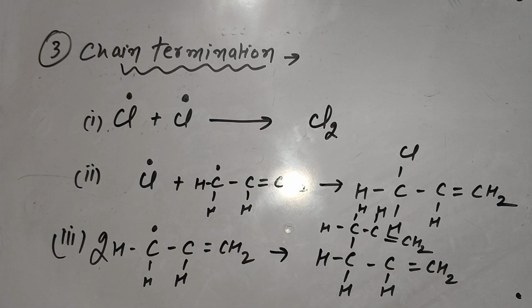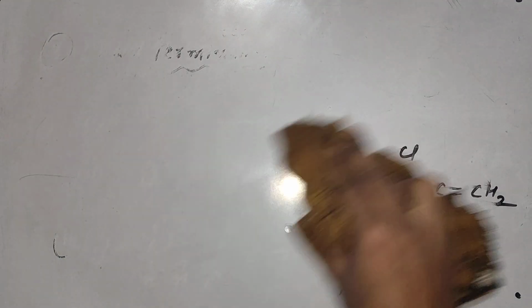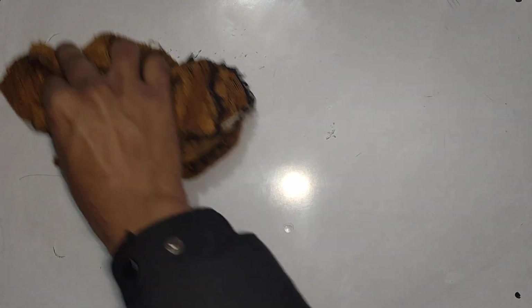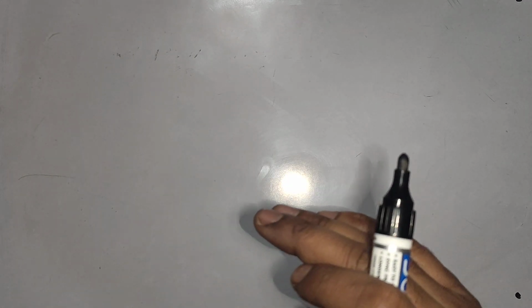Now one important point. Why is the allylic carbon free radical preferred by chlorine?